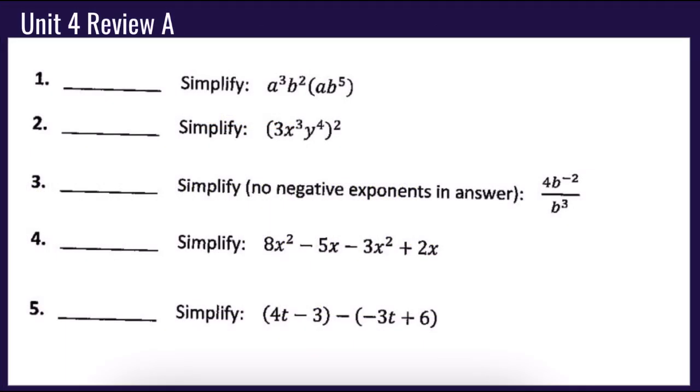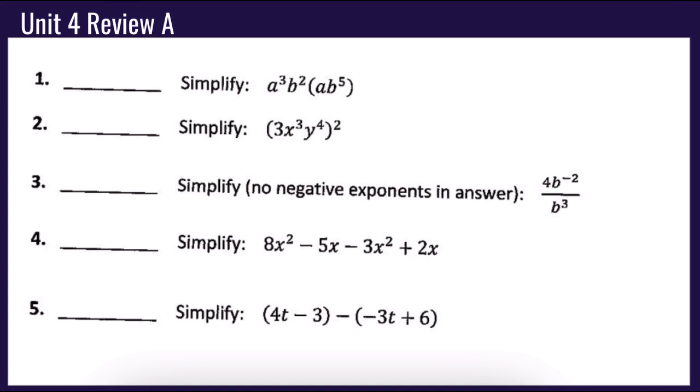So for Unit 4, Test A, numbers 1 and 2 and 3 are all dealing with exponent rules. And so if you weren't here for our exponent rules class or you need to go back and review that, go ahead. That is lesson 1. But we know that when we are multiplying exponents, we can do some shortcuts.